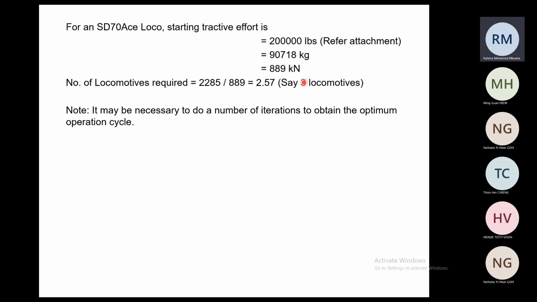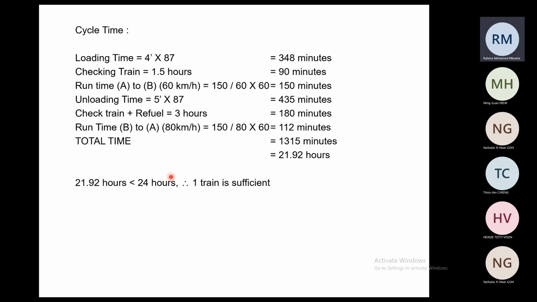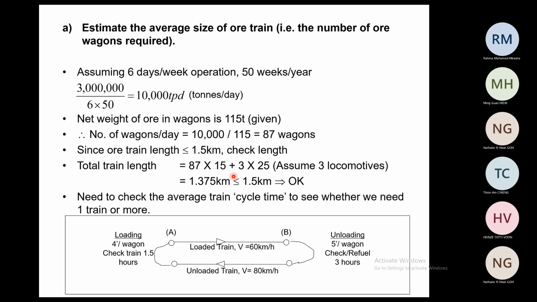If you calculate here and you didn't get 3, maybe it was 4 locomotives, you have to recalculate back again and adjust the tractive force and the length.